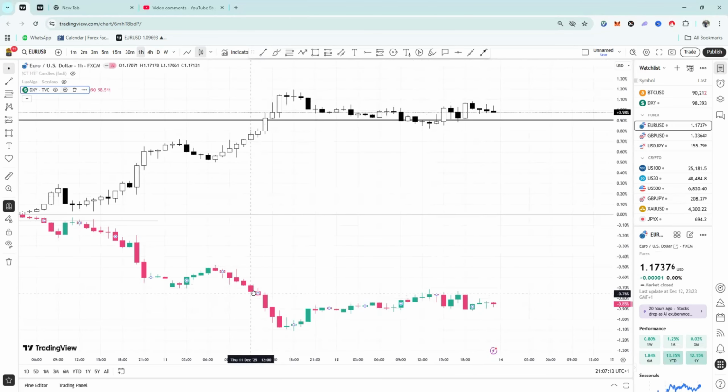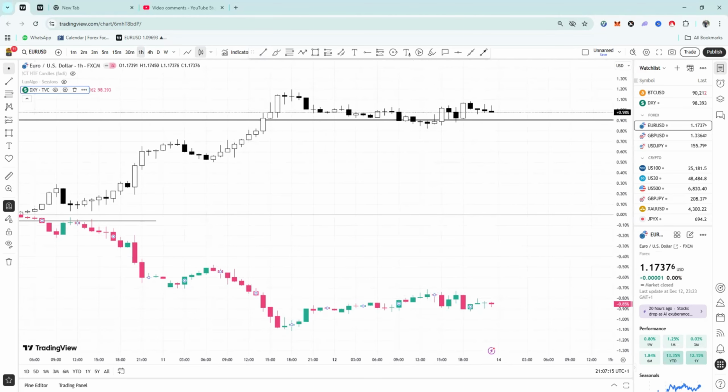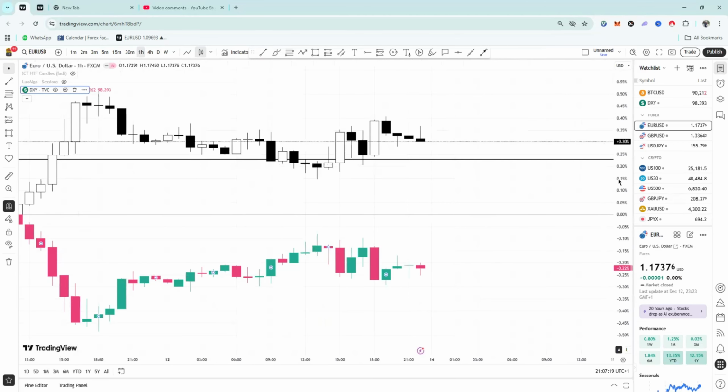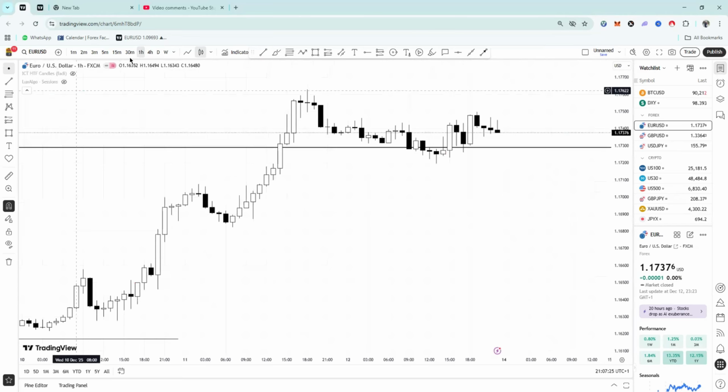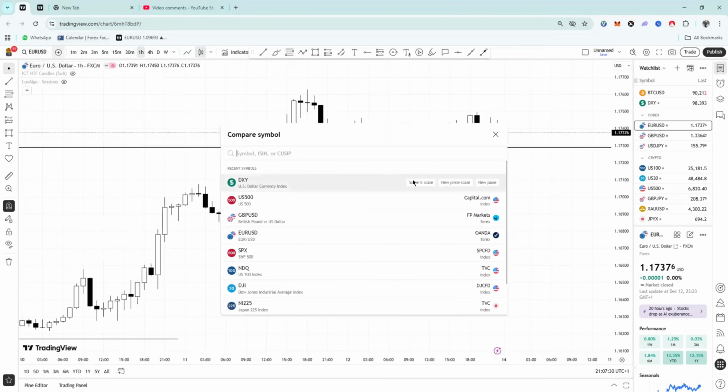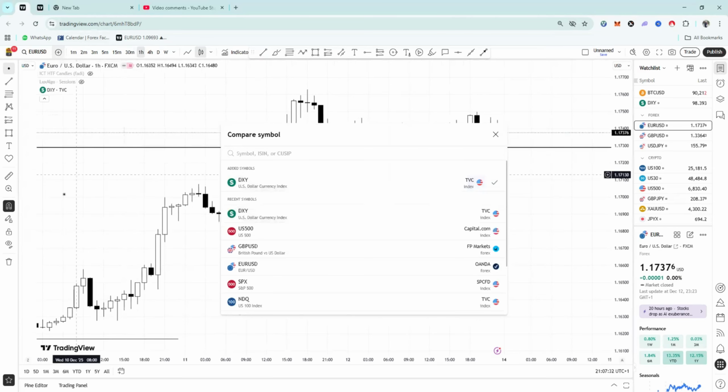If you have an SMT, it will be very good. You can use that SMT to increase the odds, to increase the probability of your trade. Okay, it's very, very important.